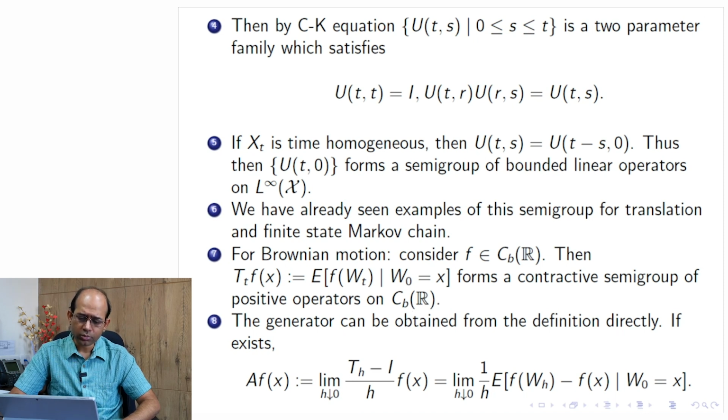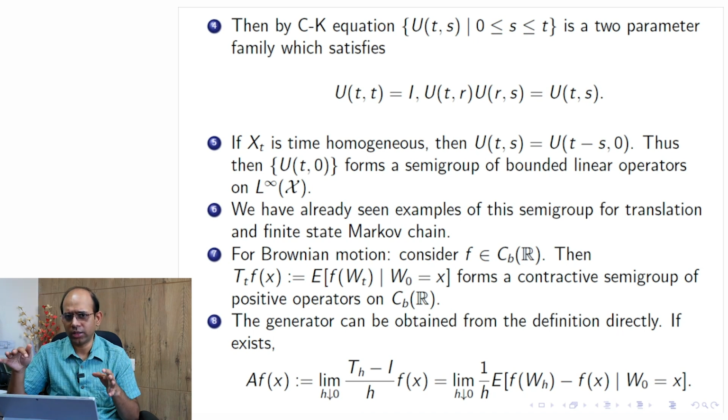Nevertheless, for finding out this value, we take a much smaller subspace of C_b(R), where we can actually compute it. When we can compute it, we can get a form of capital A which is valid for at least some smaller class.